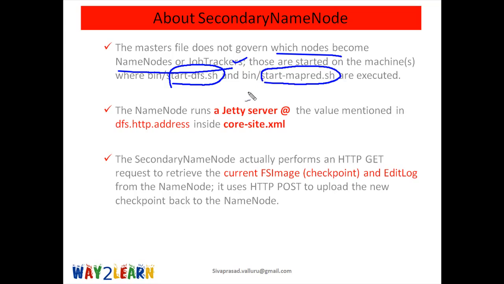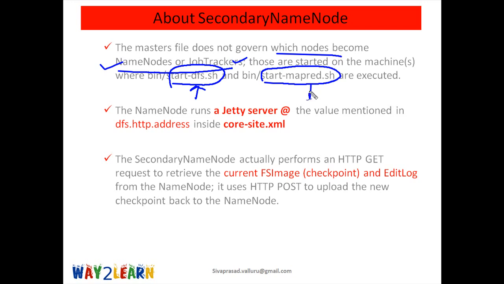Remember, again I am specifying, the masters file in the conf folder does not tell where the name node or job tracker will start. Masters file will tell where the secondary name node will start. But where does the name node start? On whatever machine you are running start-dfs.sh, on that machine the name node will be started.